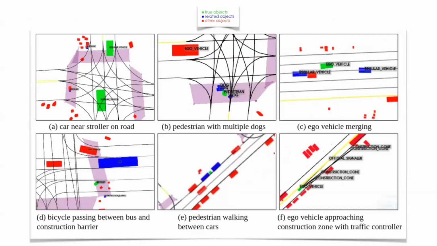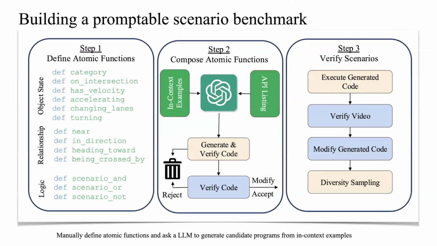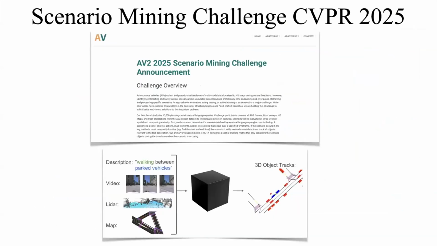I'll skip the method in which we put this together, but the take home message is that we tried to formalize this as a scenario mining challenge that Nihar will talk about in a bit.